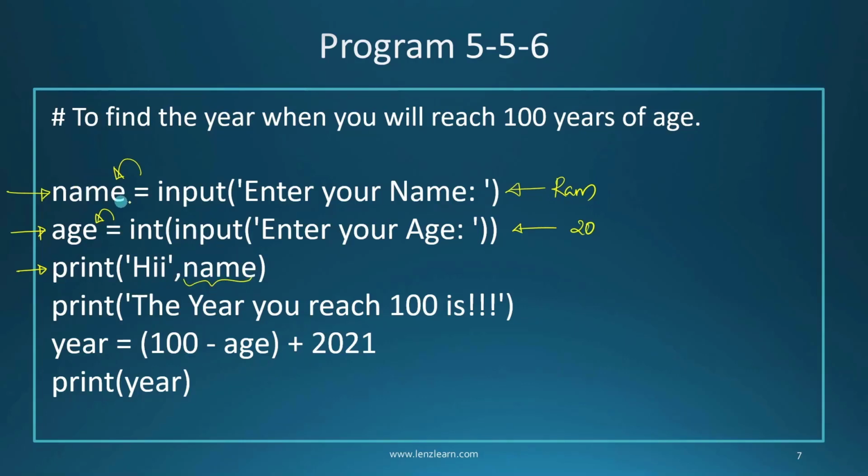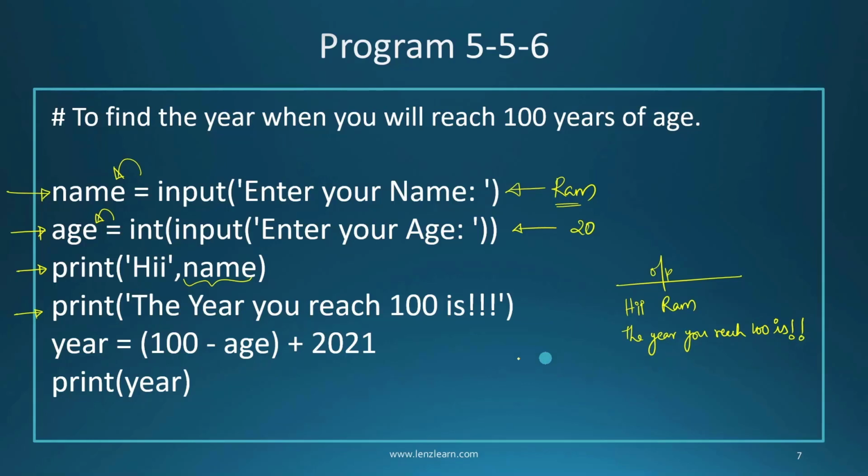The variable name has the value Ram, so in the output you will see hi Ram. The next print statement will print "The year you reach 100 is" with two exclamation marks.